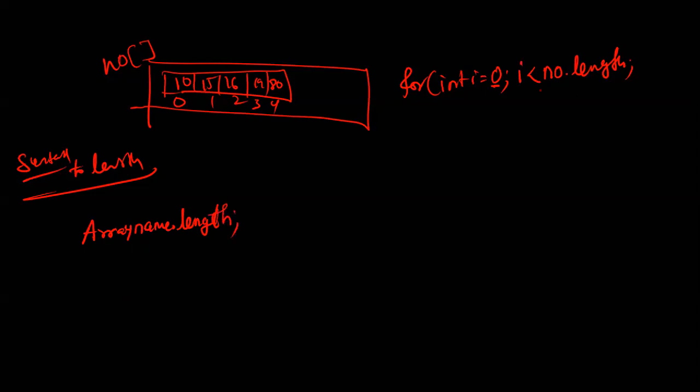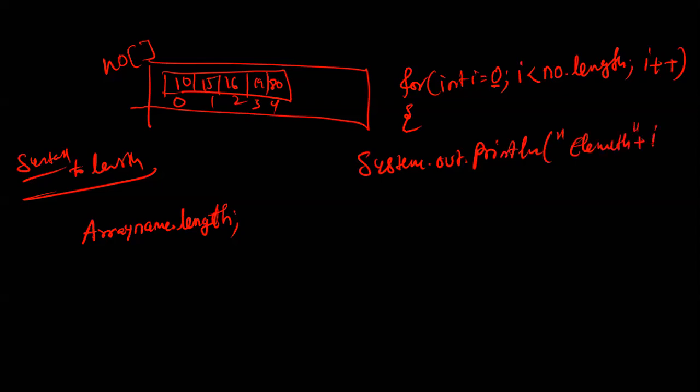Now how to print? So from 0 to length, and here i plus plus, open the bracket, write System dot out dot println. So you can write, for example, "element" plus i plus "position".